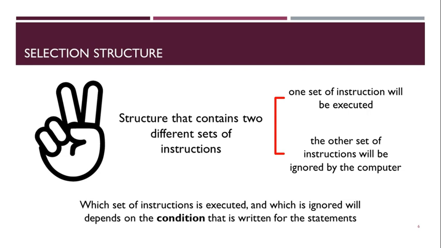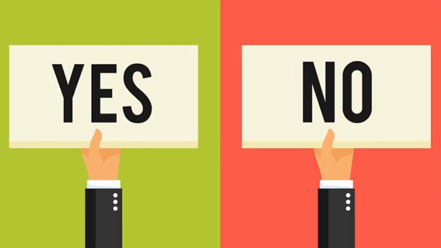Which set of instructions is executed and which is ignored depends on the condition that we as programmers write in a programming statement. Selection structure is a yes or no, or true or false. If the first instruction is not executed, we will execute the next instruction.